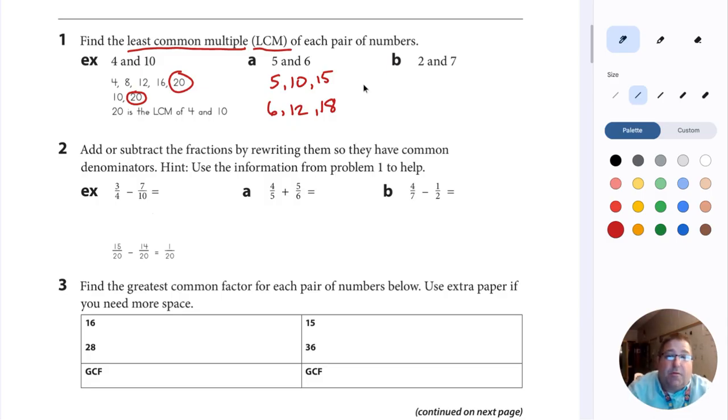So just keep going until you get to the first number that they both share. For 2 and 7: 2, 4, 6, 8, and 7, 14, 21, 28. What's the first number they both share?